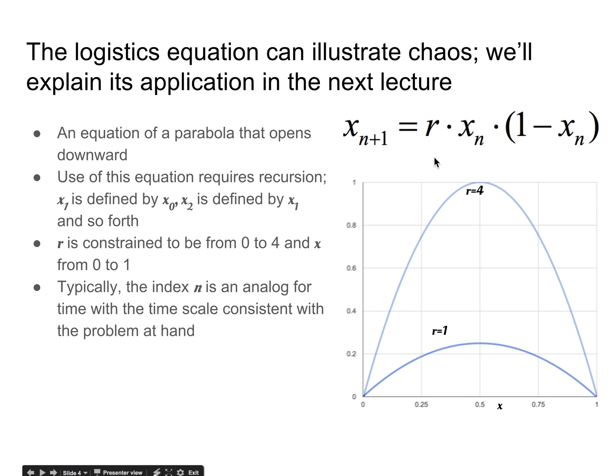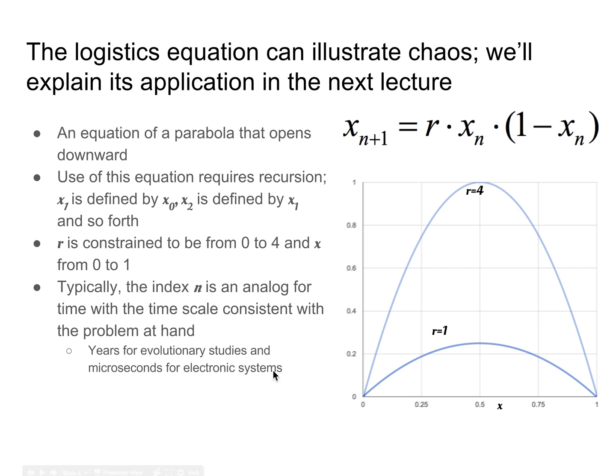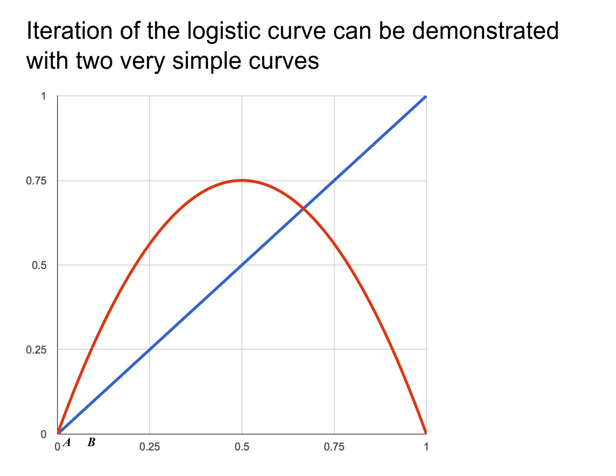That relates to the time evolution of a system described by these curves. For evolutionary studies, the increment might be in millions of years, and for electronic systems, it might be in microseconds, but what we're thinking about here is population dynamics.